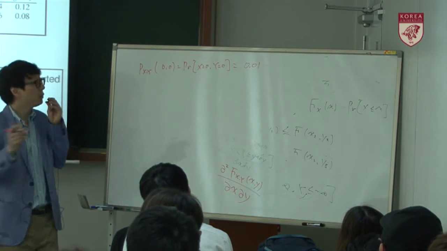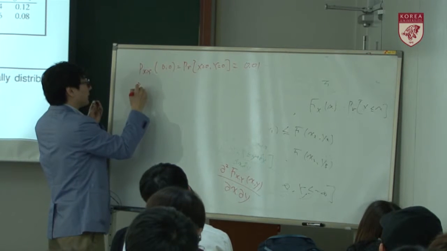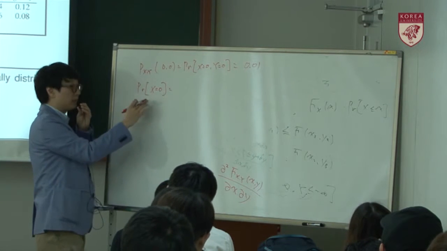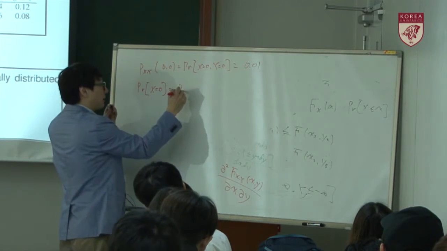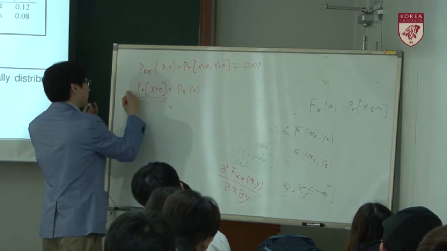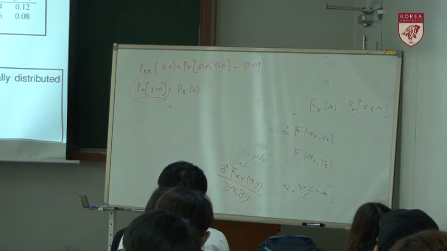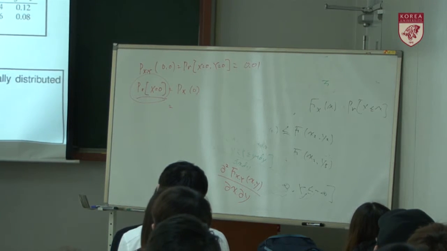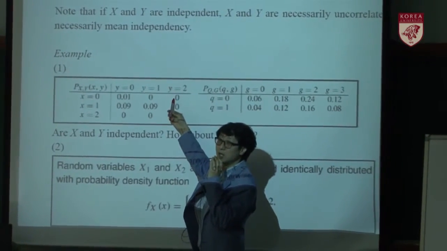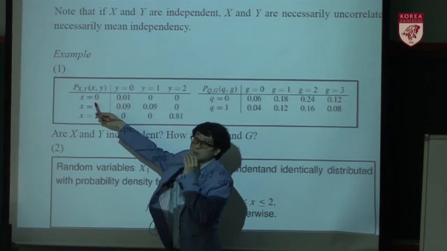If we want to calculate the marginal probability that X equals 0, the probability of X equals 0 should be this one plus this one plus this one. That means it is the summation over all of Y's for that specific X.